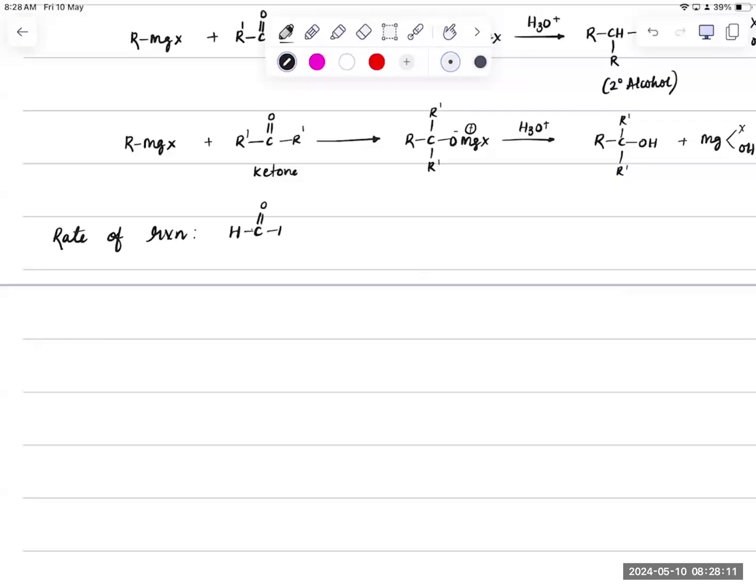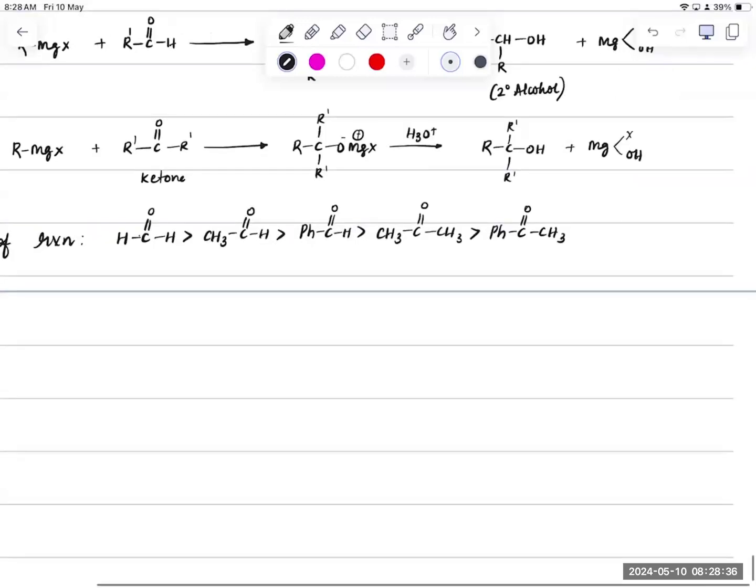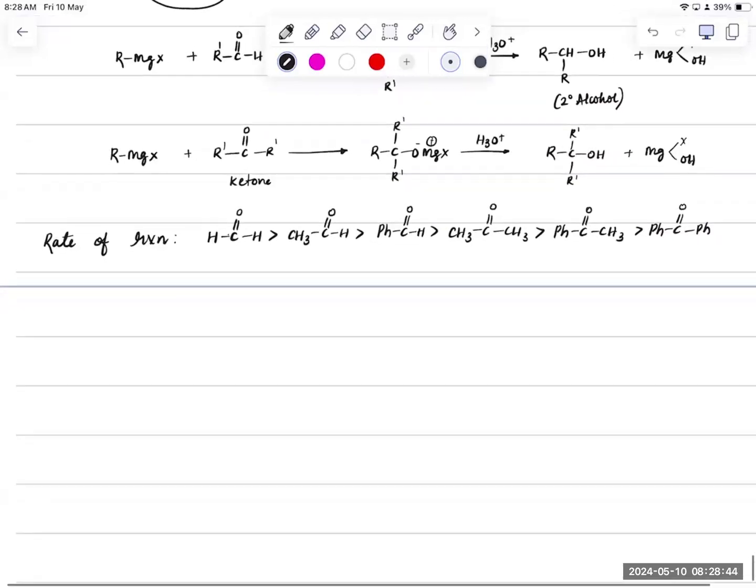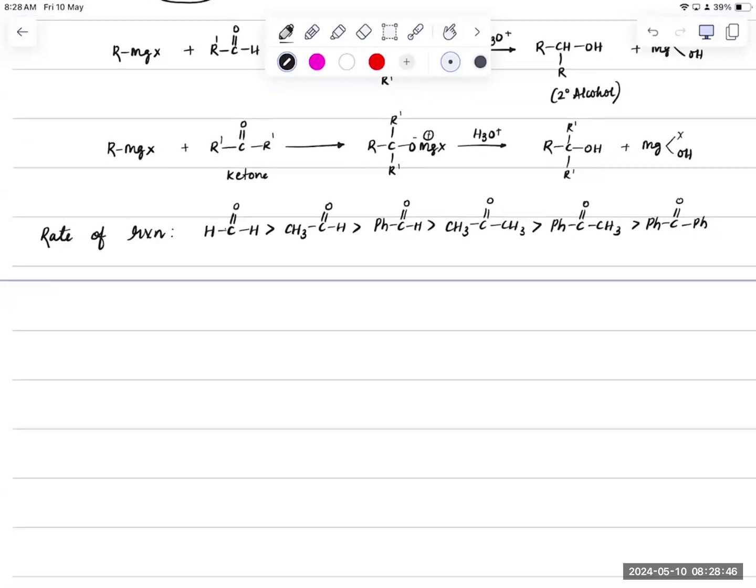That means formaldehyde is much more reactive compared to acetaldehyde, compared to benzaldehyde, compared to ketones, simple ketones, then benzene-based ketones, and finally two-side benzene ketone, diphenyl ketone. Yeah, this is how the rate of reaction would be.